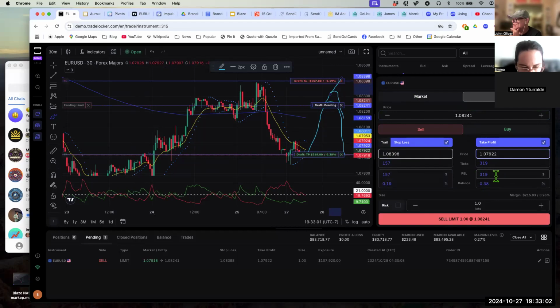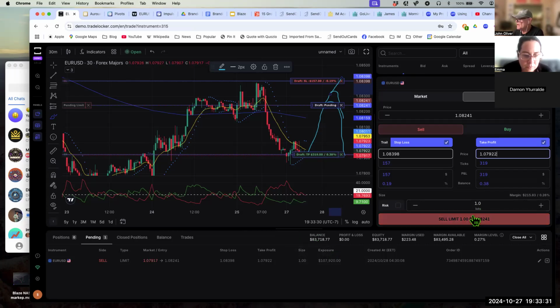So if we hit our TP, a 1 to 2 risk reward, doing 1 standard lot, because this is 83,000 on this demo account, it should be a little lower than that. We could go like 0.8 or 0.85.